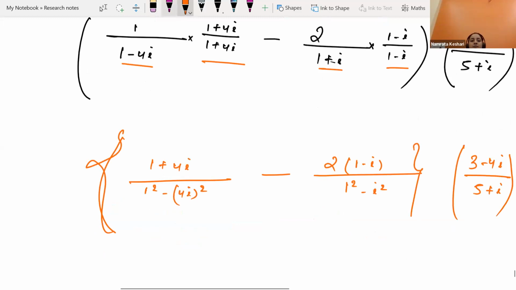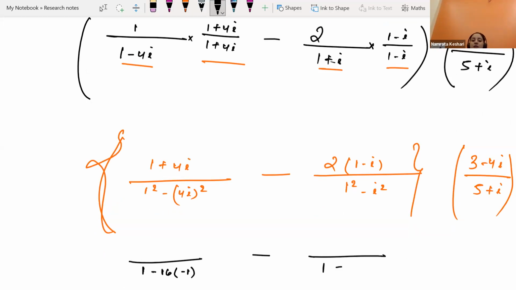No. Okay, now we can write it as 1 square is just 1, and this will be minus 16 i square. 1 minus 16 is fine, but beside that i square is there, which we can substitute with the value minus 1. Here 1 is okay, minus i square can be taken as plus.